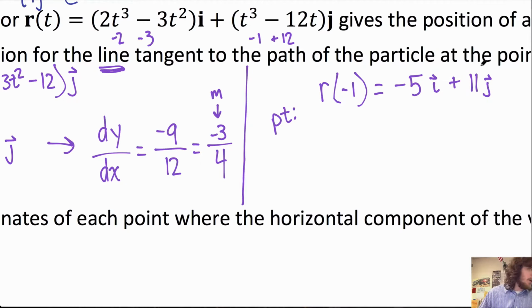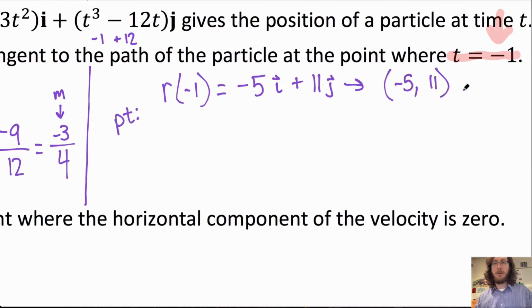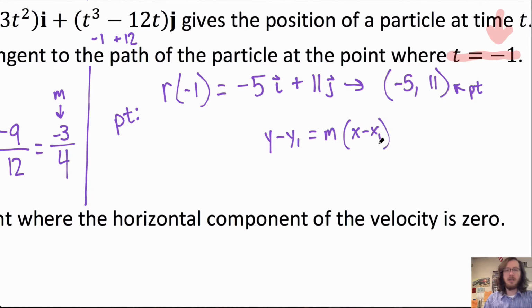Okay, and we just want those components. Just like for slope, where we used the a component and the b component, we're going to use our a component for our horizontal and b component for our vertical, our x and our y. And so we get our point. Okay, so we have our position. We already have our slope, so thinking point-slope form, let's plug it in.